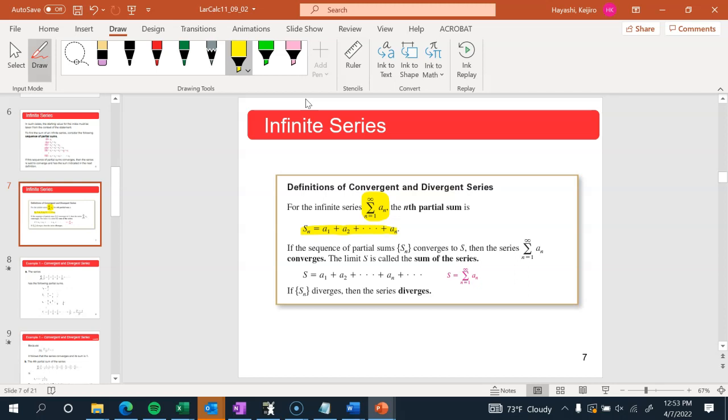And if those partial sums converge to a value, if as you take more and more terms and add them on, your partial sum goes towards a particular finite value, then the series is said to converge. And whatever value the partial sums were going to, that is the sum of the series.